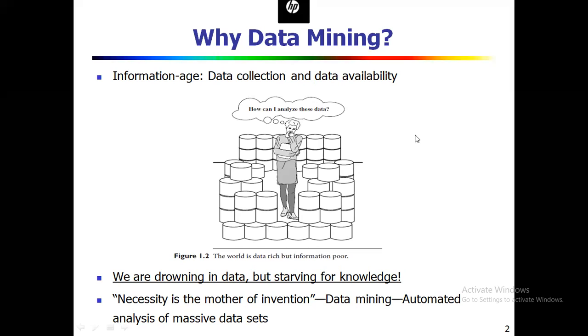And this can be done if we are able to extract some useful patterns from this data. So in fact, the data in raw form is nothing. So we are in fact drowning in a tremendous amount of data, but we are starving for knowledge or information.